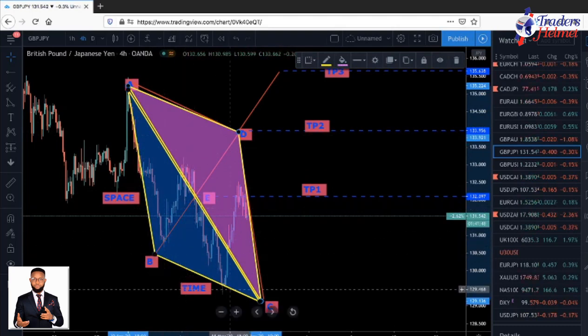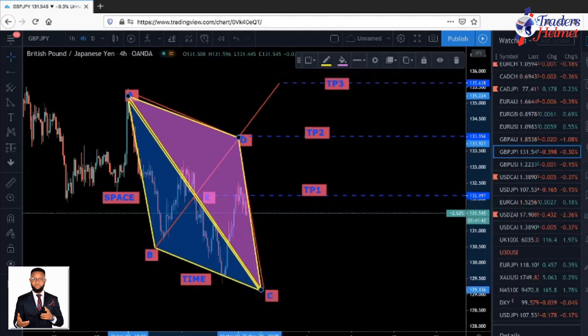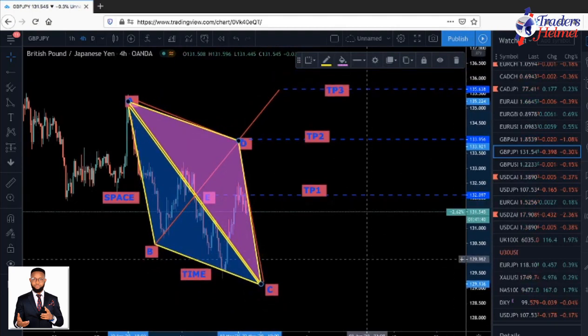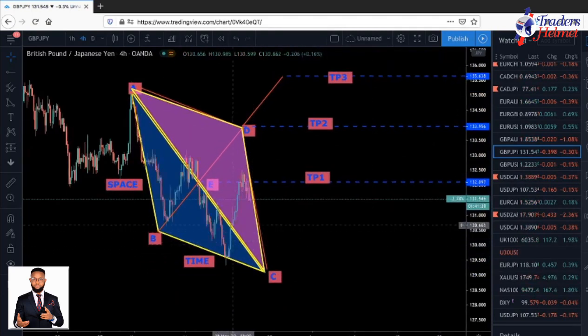Now when price moves, once price breaks out of the first triangle and closes outside it, you are free to take a trade.